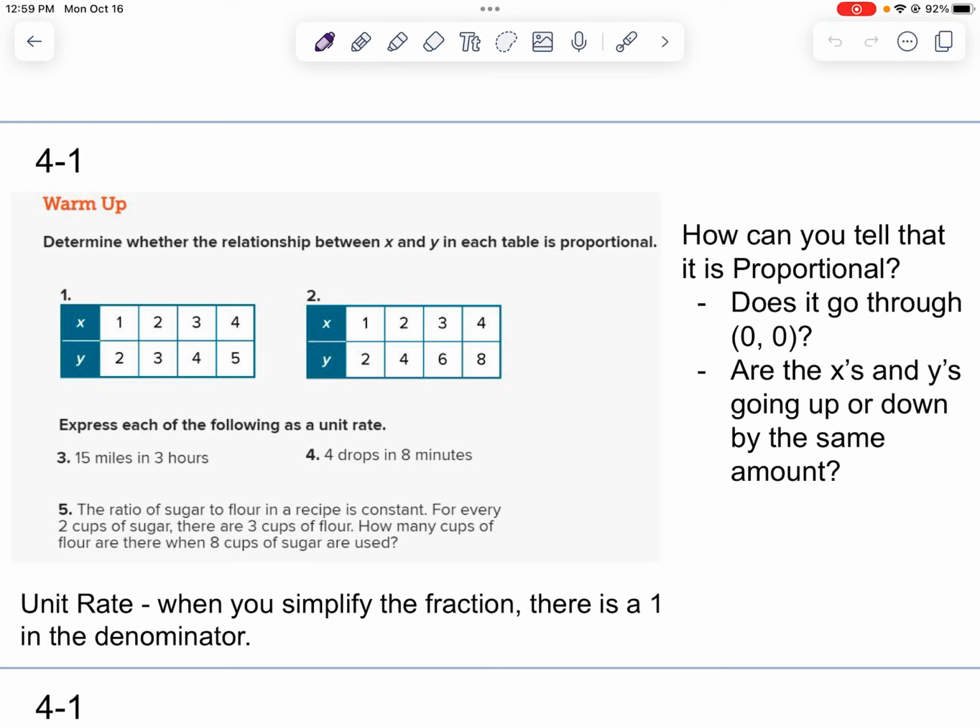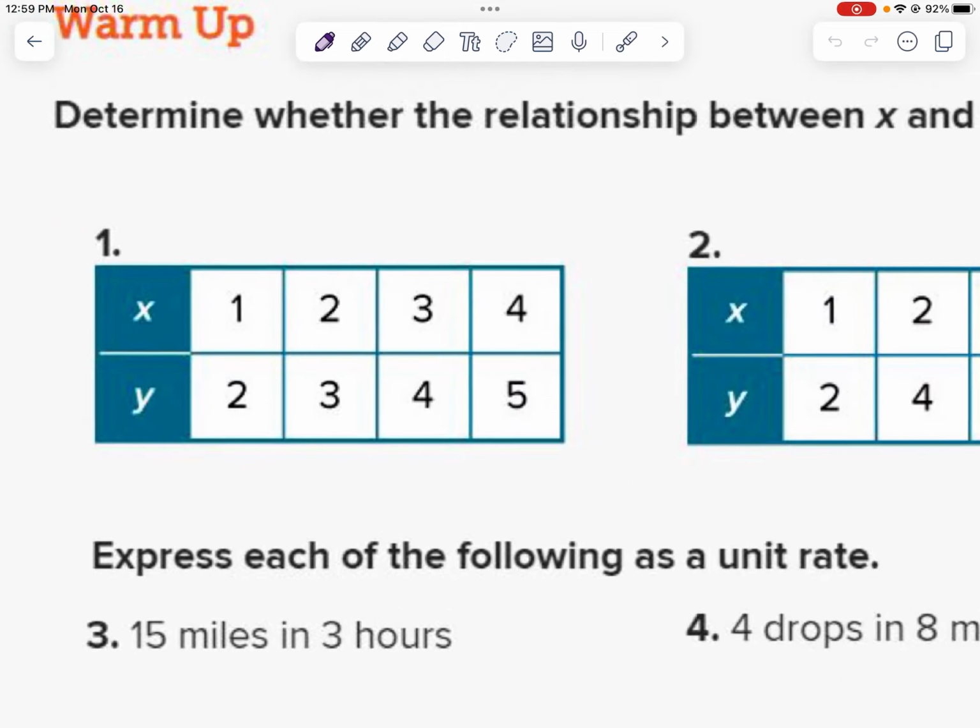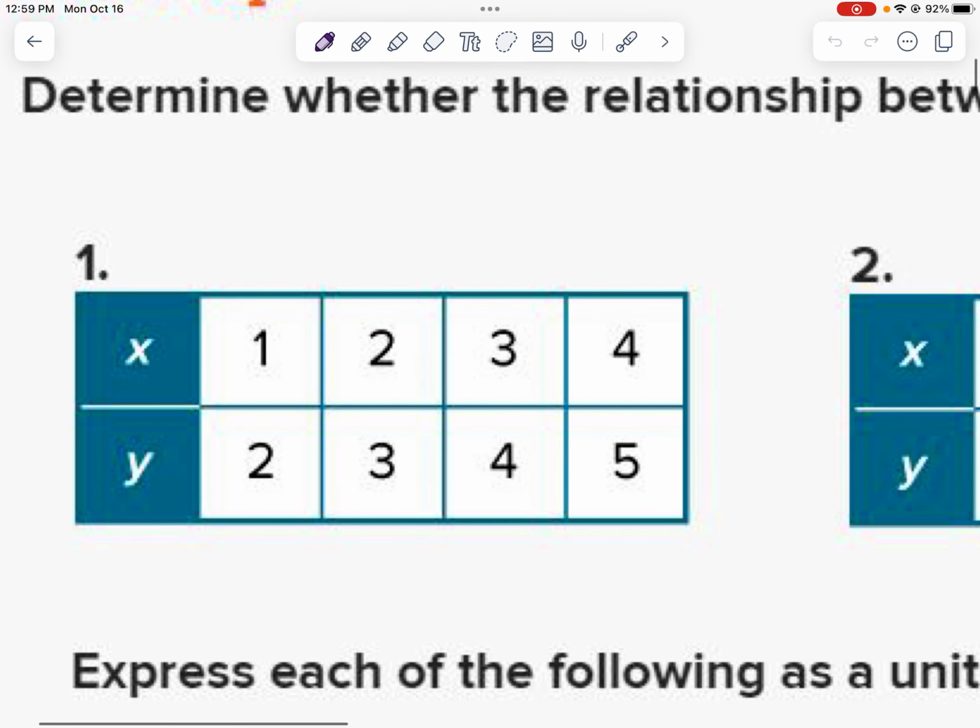So if you remember from 7th grade, a proportional relationship must go through 0, 0. And are the x's and y's going up and down the same amount? Now, this is a little bit confusing on how I wrote that. I apologize. But if I look at this, first things first, what is it going up by each time?